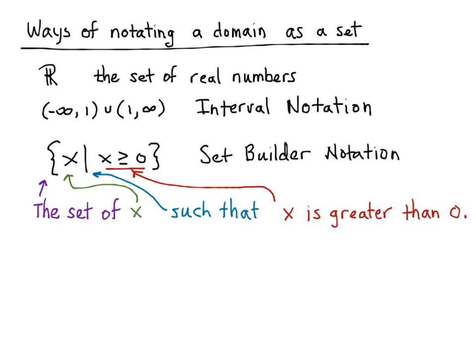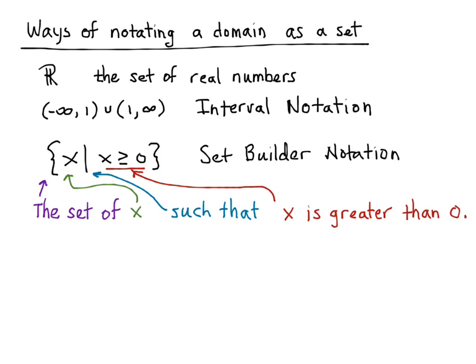There is a way to write that it comes out of real numbers, and it looks like this, but I'm not going to make you do this, where you can say the set of x such that x is an element of the real numbers and x is greater than or equal to 0. That's the long version, and we don't need that because we're always going to assume that x is an element of the set of real numbers. So don't worry about that part. If we have no restriction, then just write the set of real numbers.